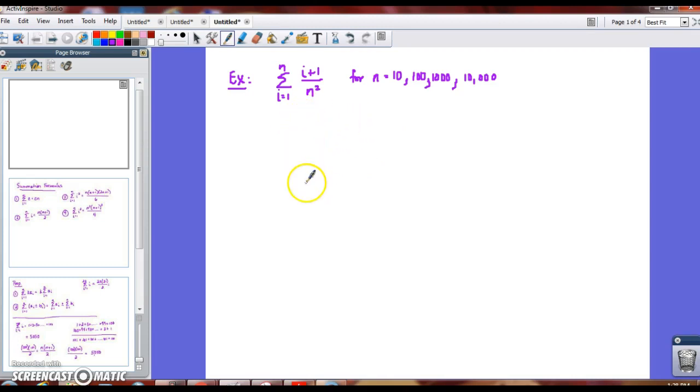Okay, so I can start out by writing this as the summation of I equals 1 to n, and I can rewrite this as 1 over n squared times I plus 1. Recognize then that 1 over n squared, whatever n is, that's just a constant, so that can actually come out of the summation. So I have 1 over n squared, I equals 1 to n of I plus 1.